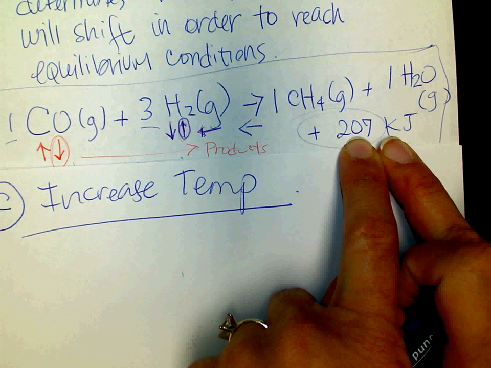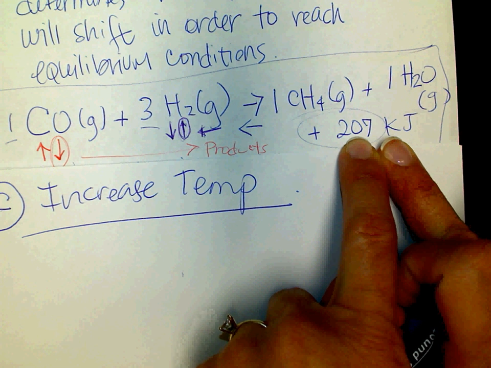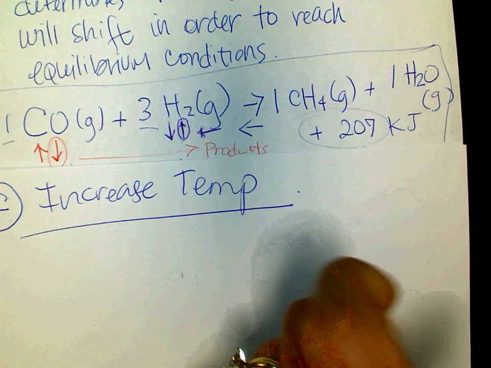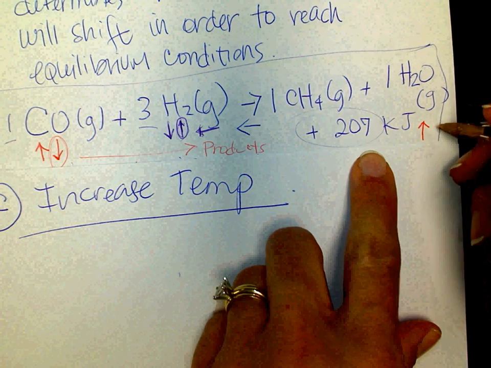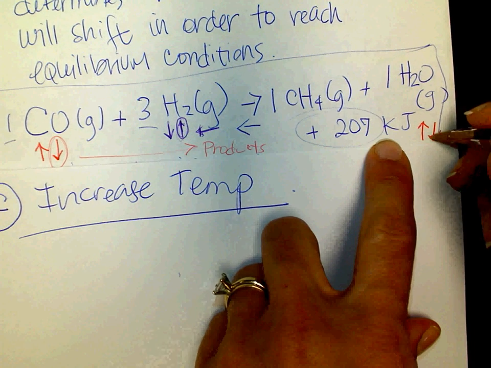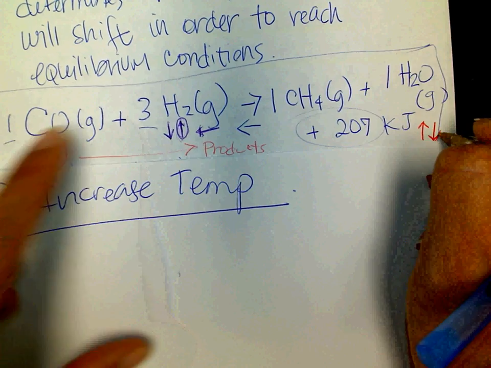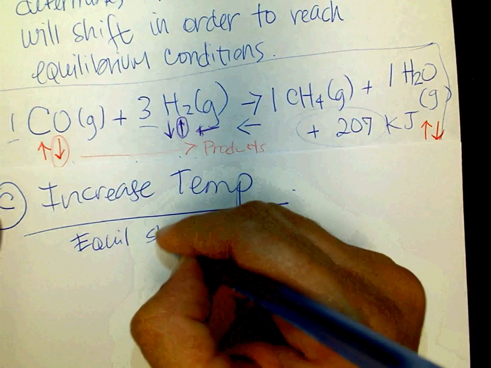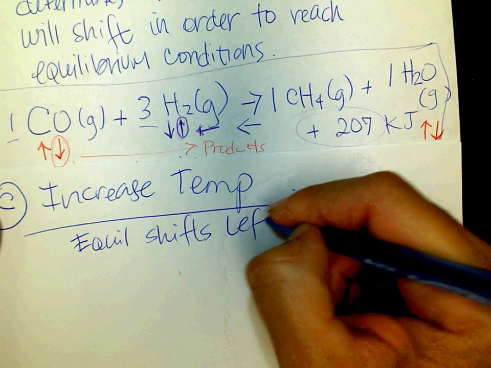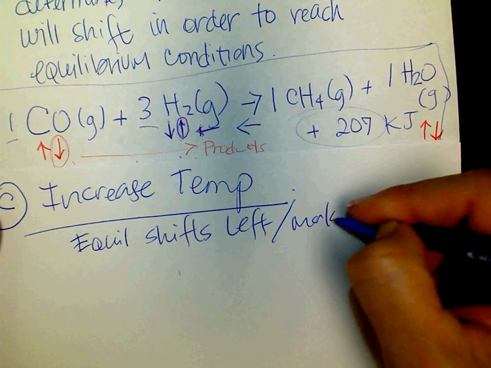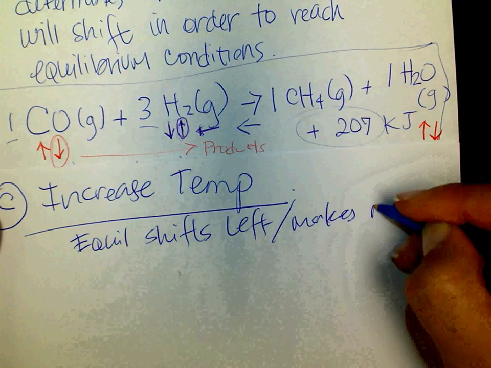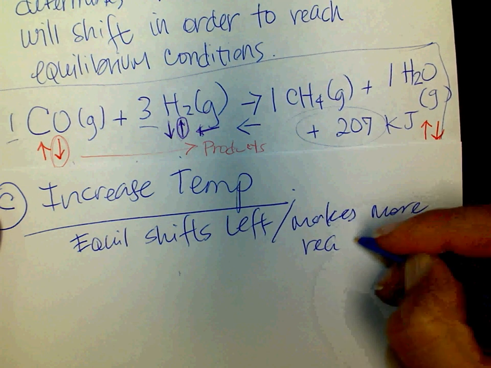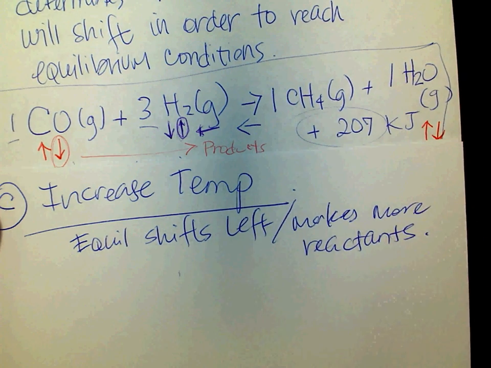If we add heat, what do we want to do to counteract that? Get rid of it, so we want to shift left. Equilibrium shifts left and makes more reactants. The last one is probably the hardest one to understand, but we can go fast and finish it.